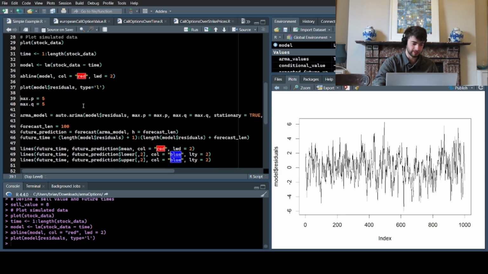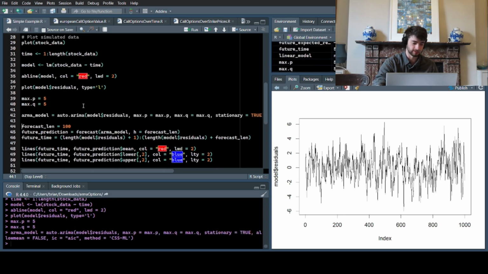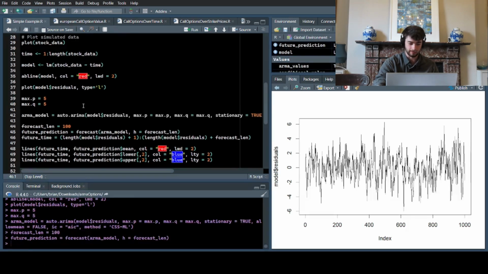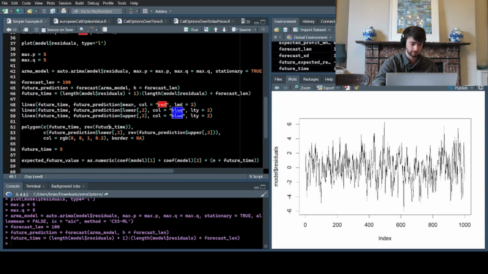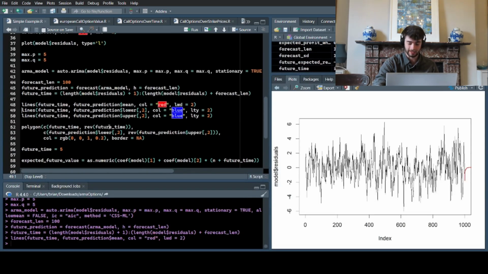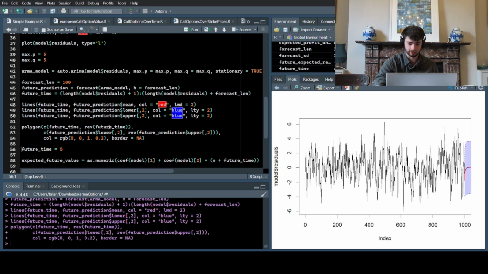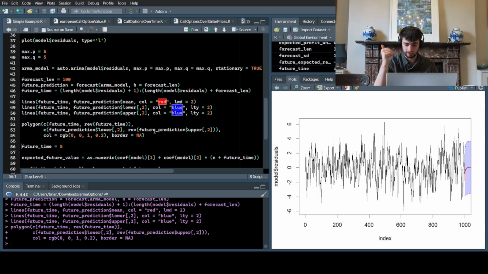And so we fit this ARMA model to find our model parameters. And then we forecast into the future. So it would look something like this. This would be our forecast, and the blue shaded line is the 95% confidence interval in this plot right here.